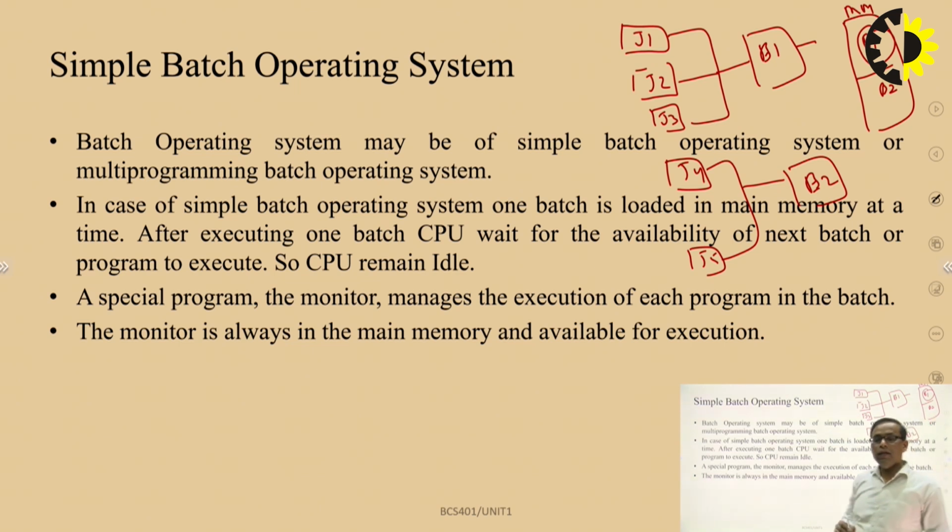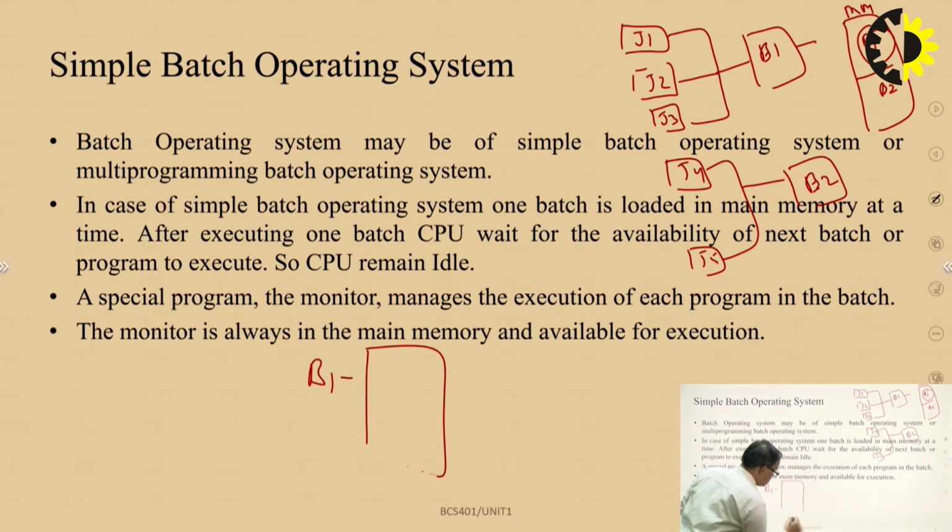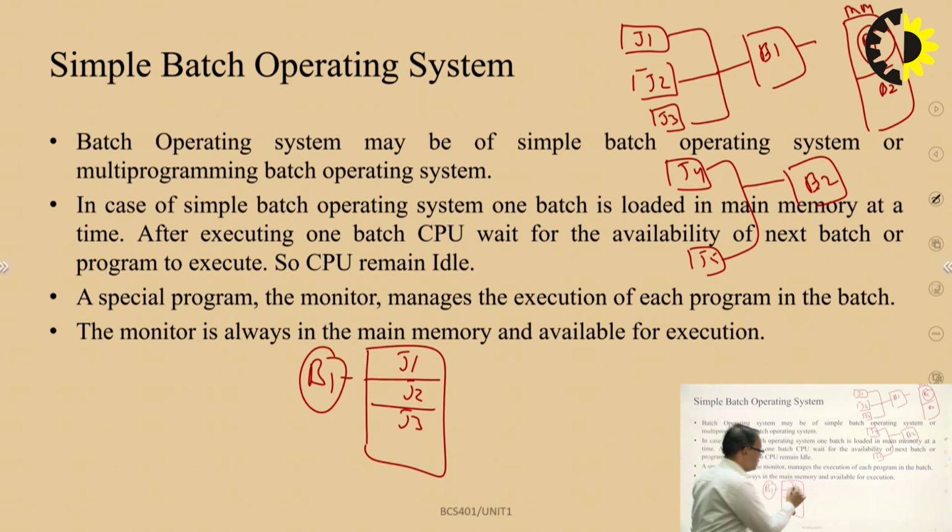Another important thing about the batch operating system: suppose this is batch B1, and it contains three jobs, J1, J2, and J3. Once the CPU has started to execute batch B1, at first it will start the instructions of J1. When J1 is completed, control automatically transfers to the next job J2, and after the completion of J2, control automatically transfers to J3.